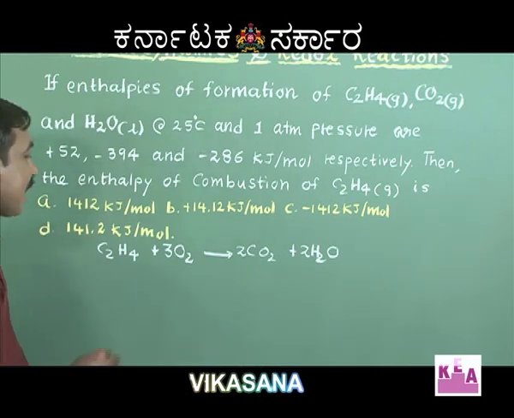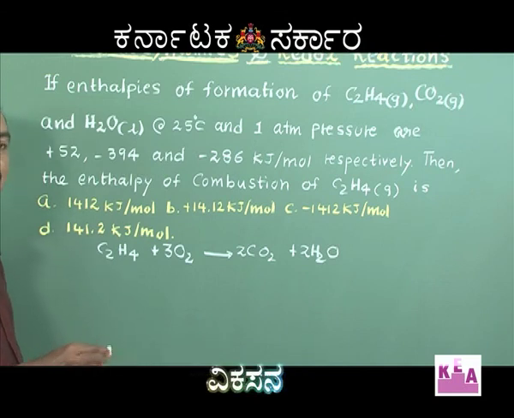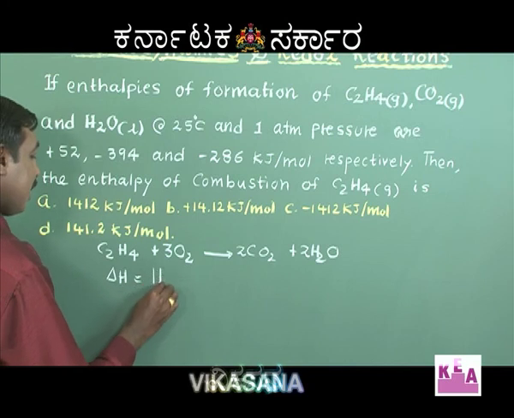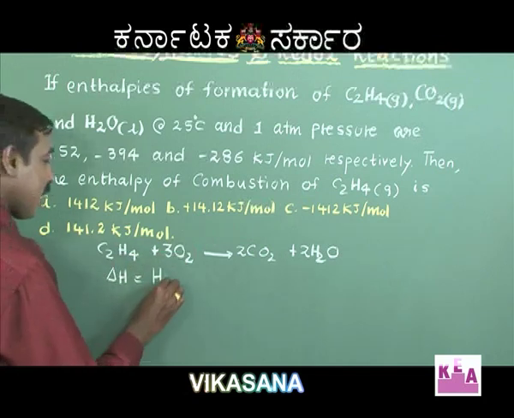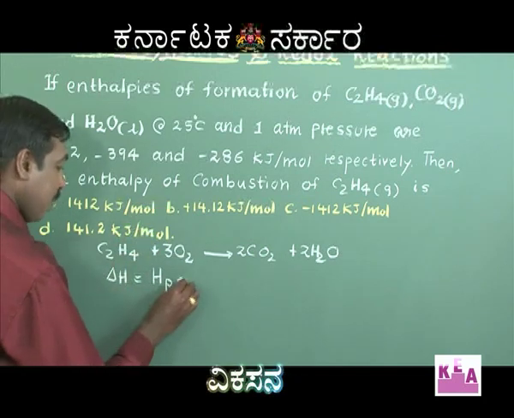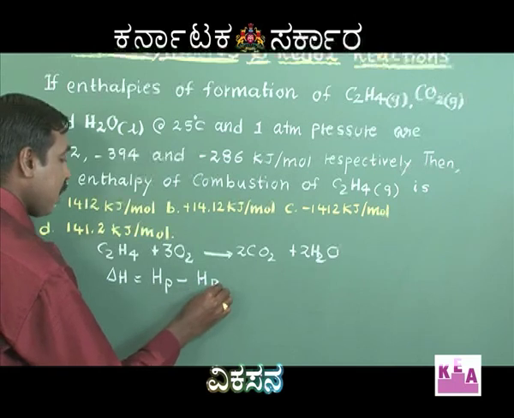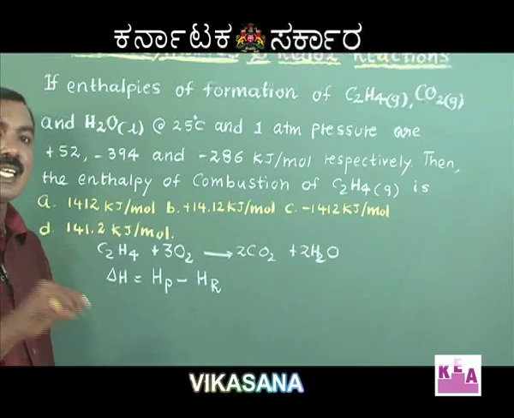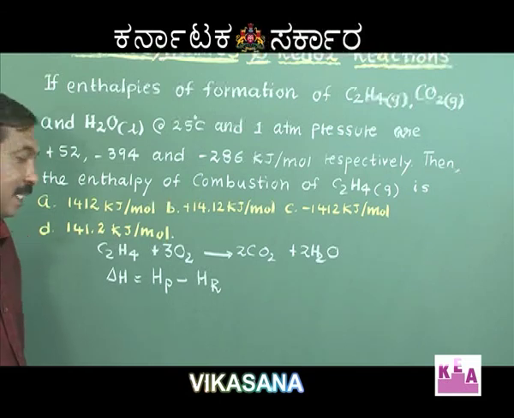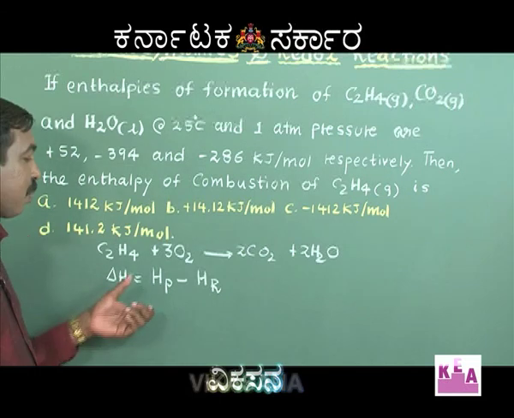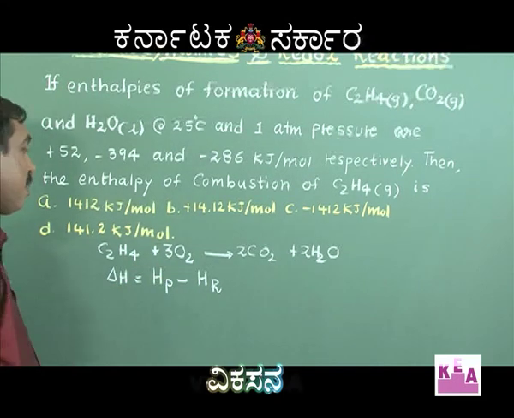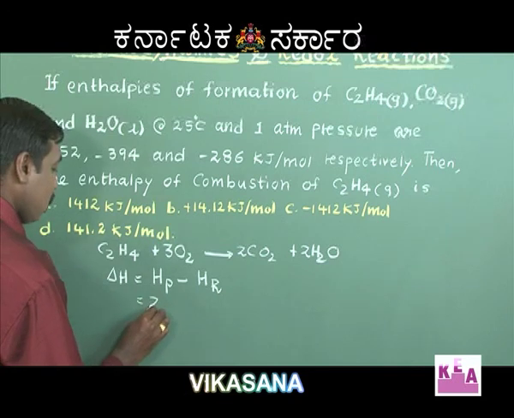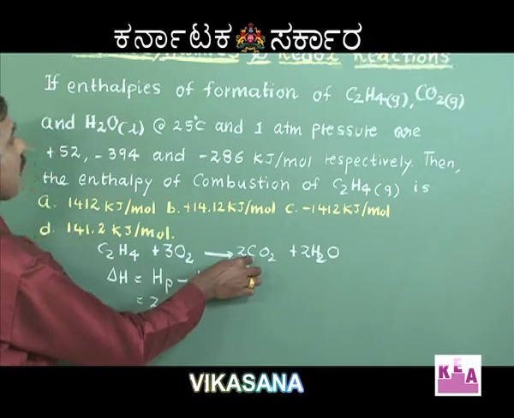Now, to calculate the enthalpy change for this, I have to apply the formula. Enthalpy change delta H is equal to the summation of the energy changes that take place in the products minus the summation of the energy changes that take place in the reactants. That is, delta H is equal to the summation of the enthalpy changes in the products minus that of the reactants. It is 2 times the enthalpy change for carbon dioxide.